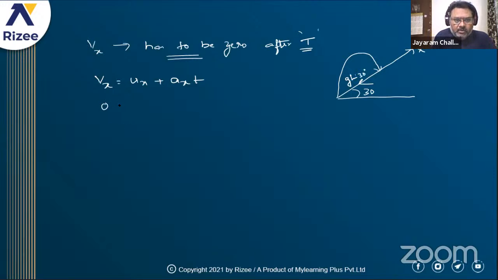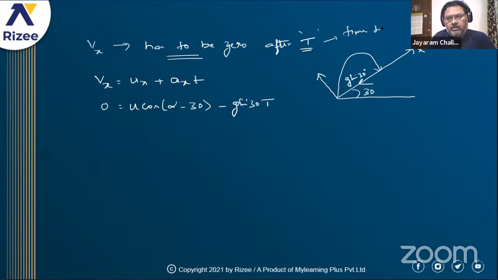So 0 is equal to u times cos of the angle alpha minus 30 degrees, and since g sine 30 is directed towards the negative x-axis, I take it as minus g sine 30 into the time of flight.